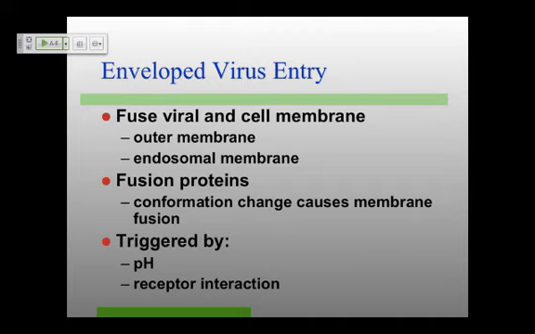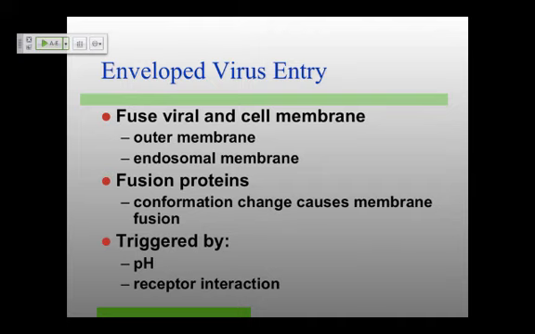It turns out that many virus fusion proteins have taken advantage of this: the pH change is sensed, leading to a structural change in the fusion protein, leading to membrane fusion. You can also have very specific receptor interactions, so the interaction of the receptor with the receptor binding protein can also cause this conformational change.